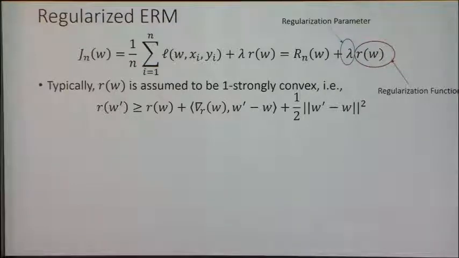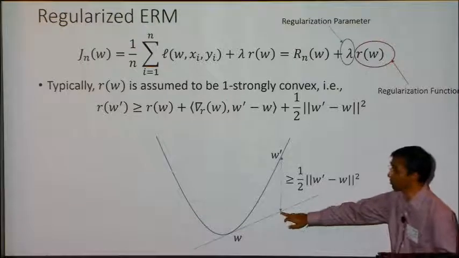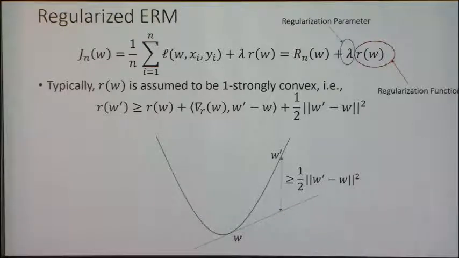Okay. So let me explain what I mean by strongly convex. Well, what it says is that if this is my function R(w), and I draw a gradient at w, then my function value at w prime is at least the linear approximation plus the squared distance between w prime and w.